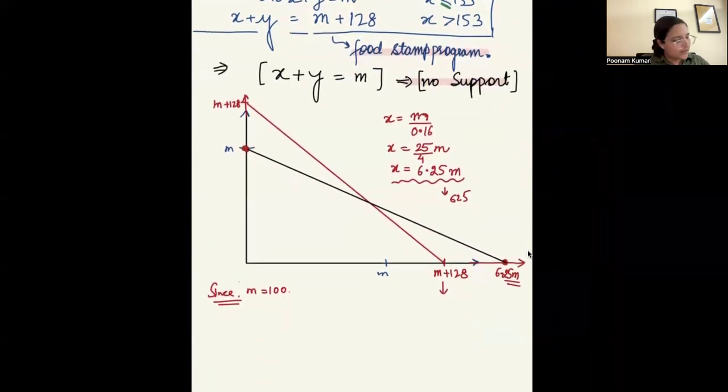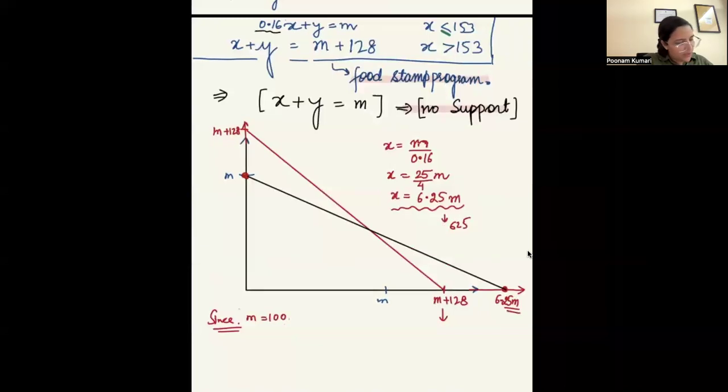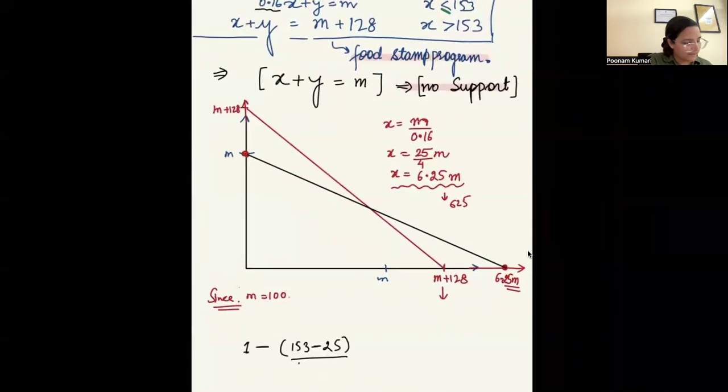So again, what is this 0.16? Where is this 0.16 coming from? This was 1 minus how much? 0.84. And how was 0.84 coming? It was actually 153 minus 25, divided by 153.